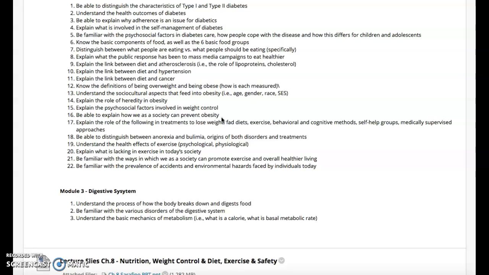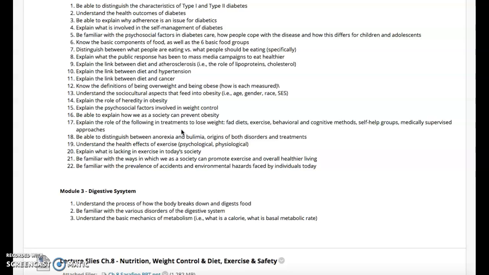Lastly, explain how we as a society can prevent obesity, what kinds of campaigns might work, what kinds of targeted prevention plans have found success. Also be able to explain the role of the following treatments in losing weight. So there's many different ways of attacking weight loss.